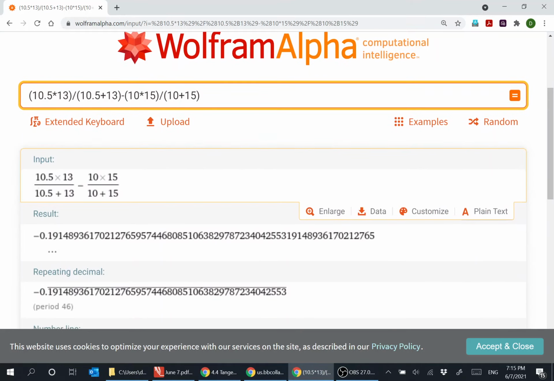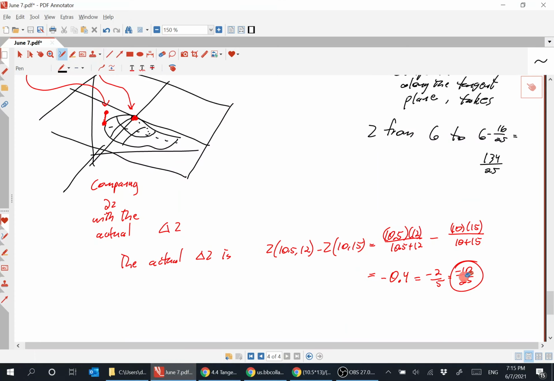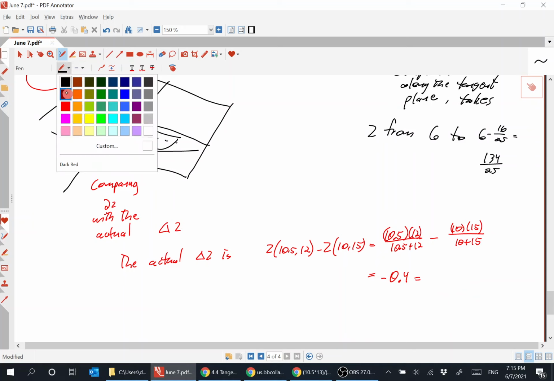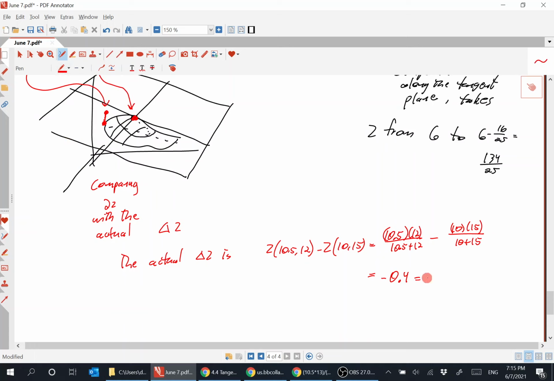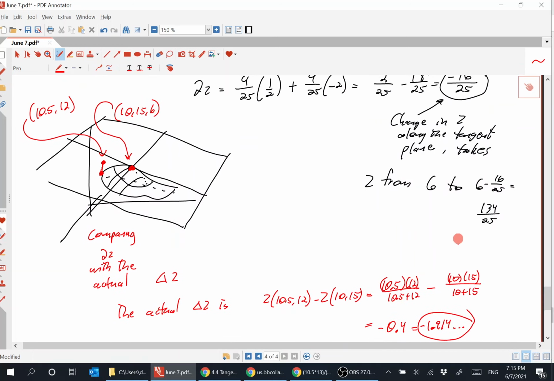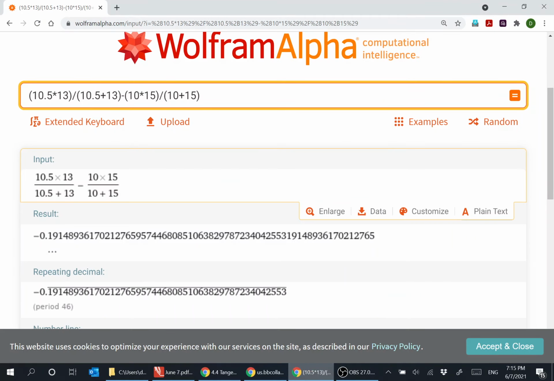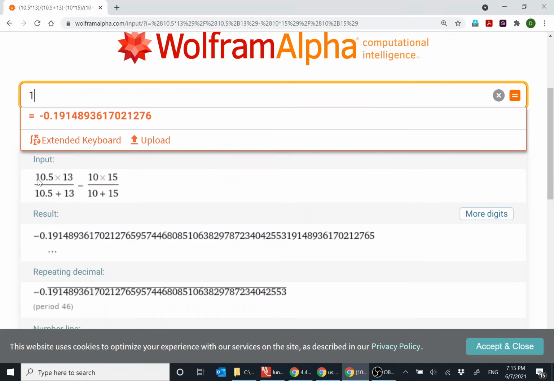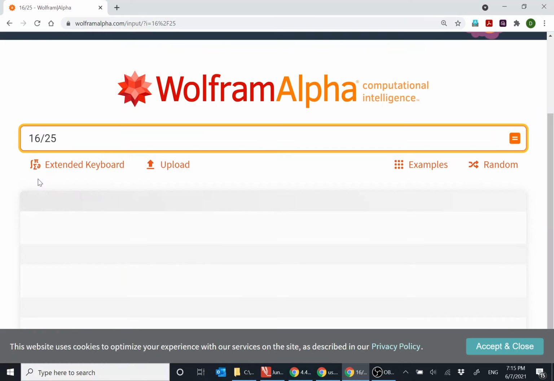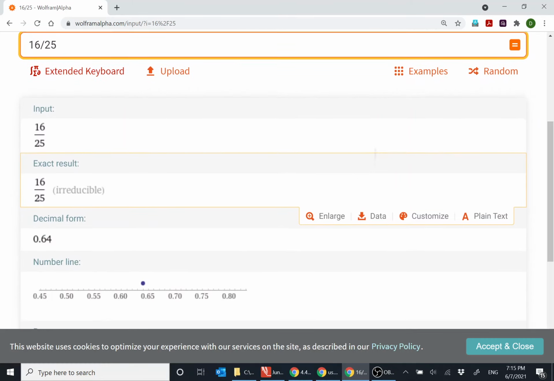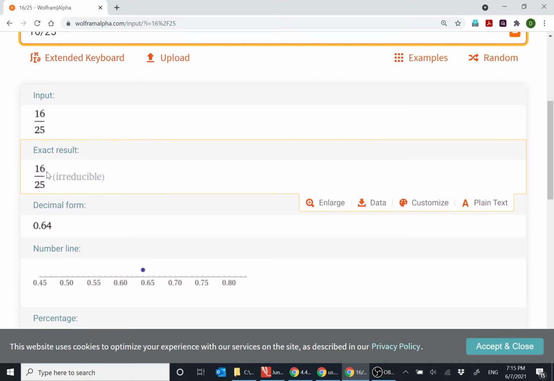So minus 1.914, we'll just say. And then this one was 16 over 25, which is .64, way off.